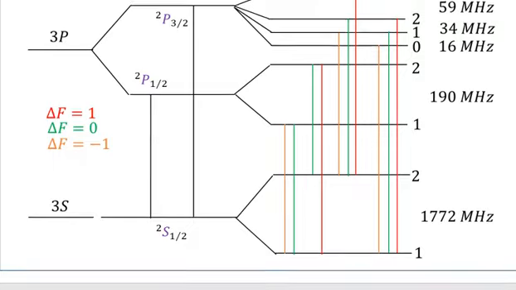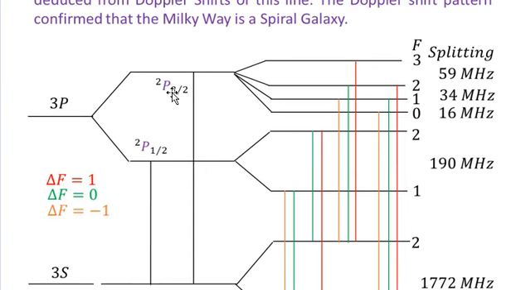Now let's move to the level 3p1/2. Again, the value of J is 1/2, and the value of capital I is 3/2 for the sodium atom. So again, 1/2 plus 3/2 will give you 2, and the modulus of 1/2 minus 3/2 will give you 1.